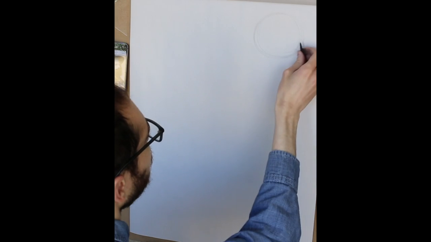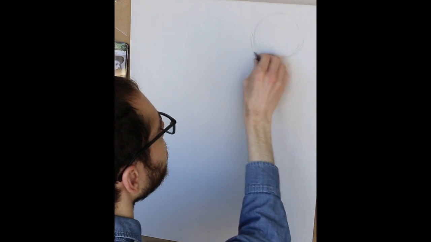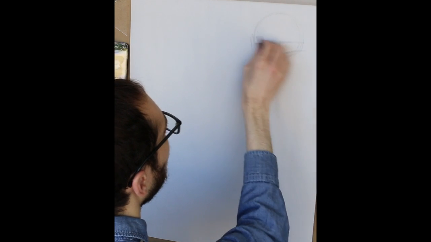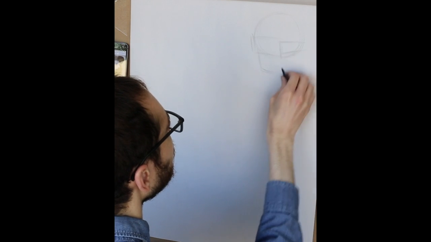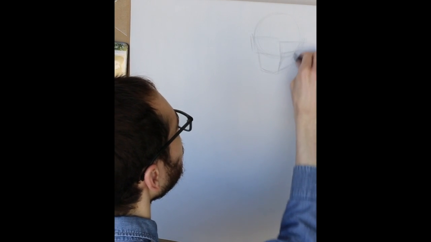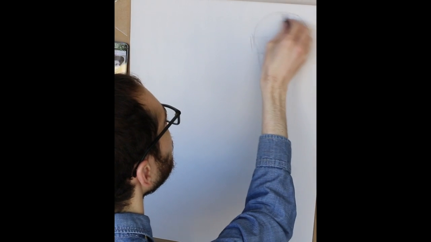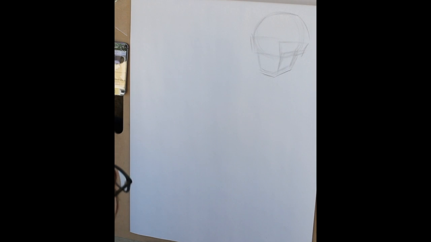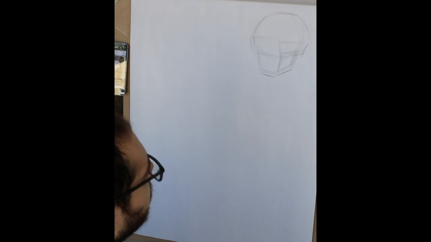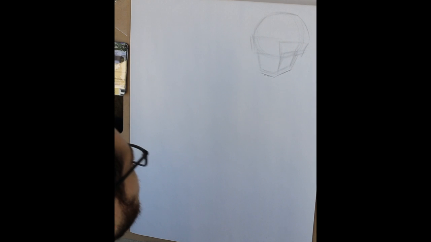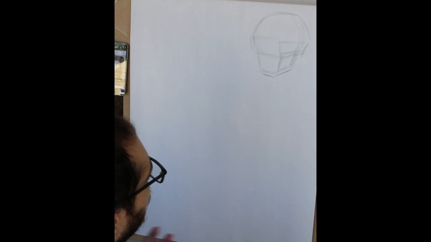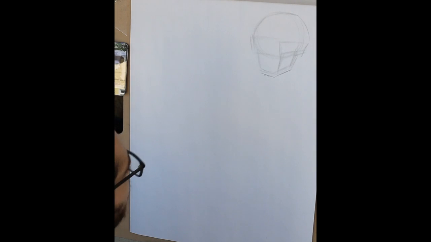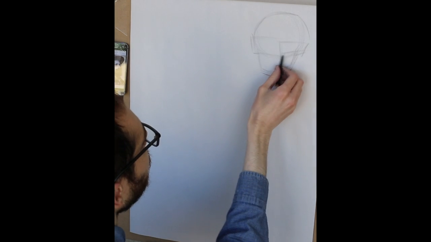So it's important to remember that underneath all of our heads is a skull. We all have one. But we get so distracted by all of the features on the head, drawing the nose, and the eyes, and the lighting, and trying to capture someone's personality, that we forget about this simple truth that we each have a skull underneath.